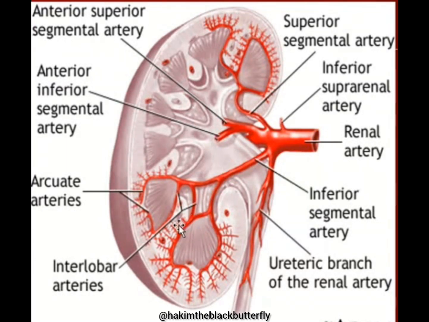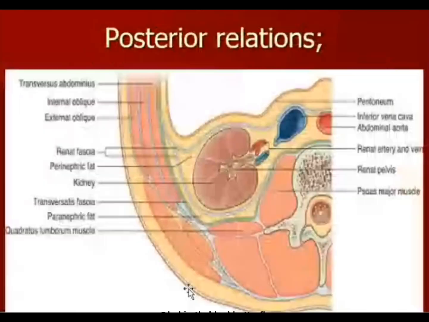These are interlobar arteries in the periphery of the columns of Bertin. Then, when the interlobar arteries reach the base of the pyramid, they form arcuate arteries. These arcuate arteries are going to form interlobular arteries. And the interlobular arteries are going to give us afferent arterioles, which are going to supply the glomerulus.